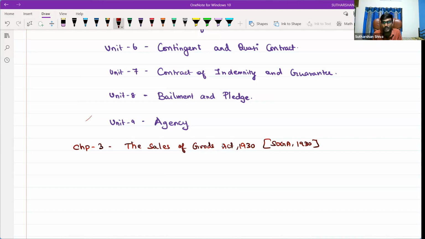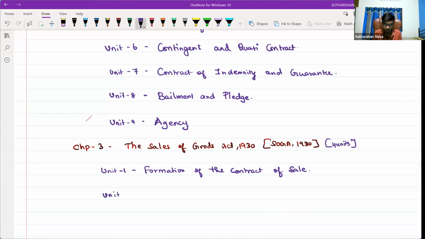In chapter number 3, you have 4 units in total. Unit 1 is based on the formation of the contract, that is, how to form a contract for sale. That's your first unit, a very basic unit. Unit 2 covers conditions and warranties.